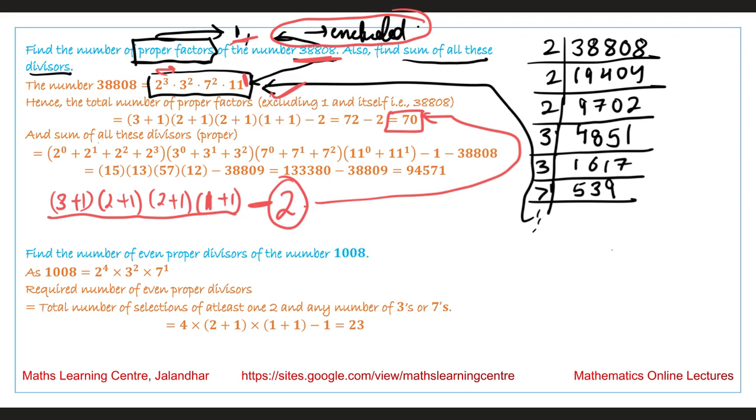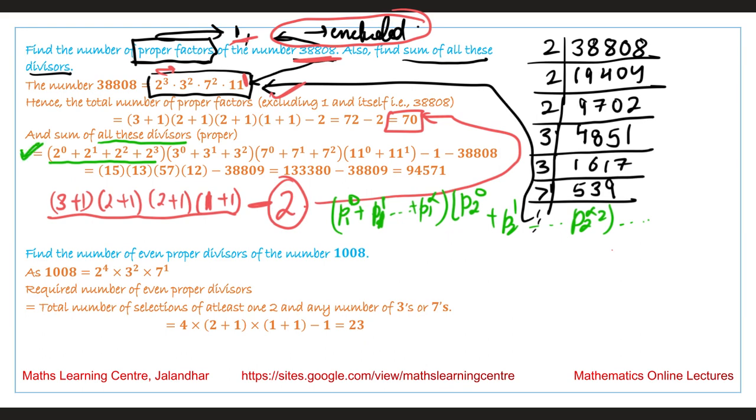Next is the sum of all these proper divisors. The formula is p1 raised to the power 0, then p1 raised to the power 1, and so on up to p1 raised to the power alpha 1, multiplied by p2 raised to the power 0 plus p2 raised to the power 1, and so on up to p2 raised to the power alpha 2, and likewise we continue. The value of alpha 1 is 3, so we write 2 raised to the power 0, 1, 2 and 3.